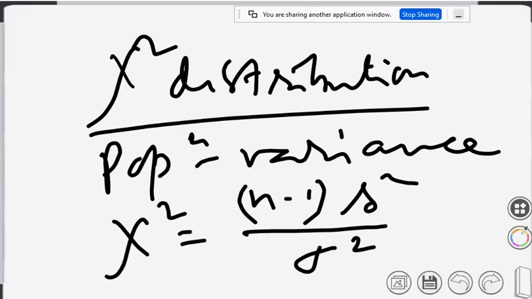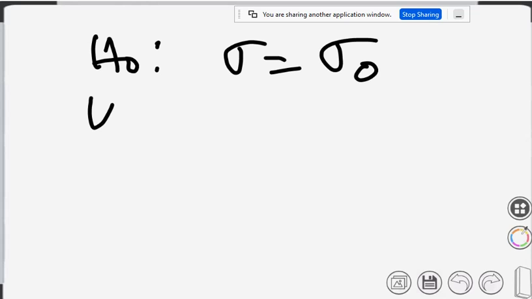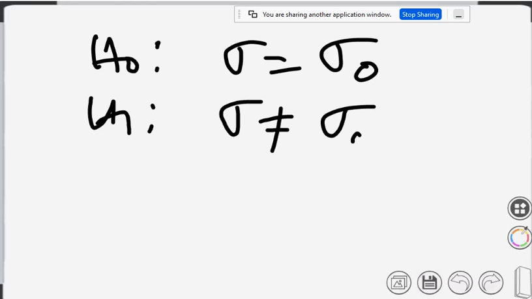The test statistic chi-square will be defined as follows. In this case we will be testing the null hypothesis that sigma equals sigma 0, against the alternate hypothesis that sigma not equals sigma 0.